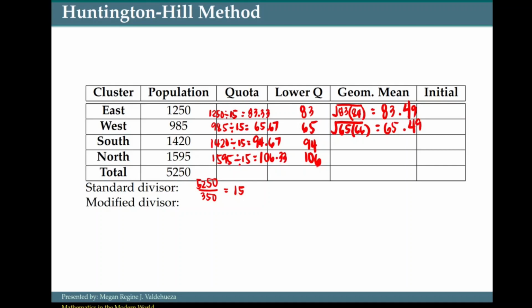We have the square root of 94 times 95, that is equal to 94.49. We have the square root of 106 times 107, that will give us 106.49.